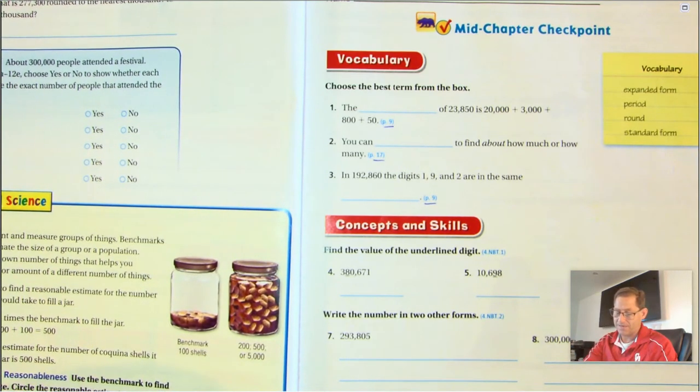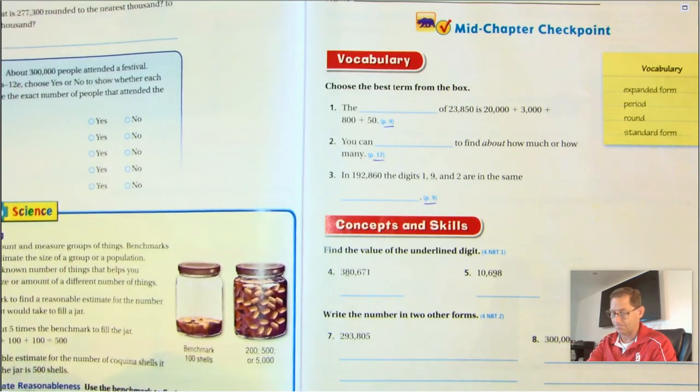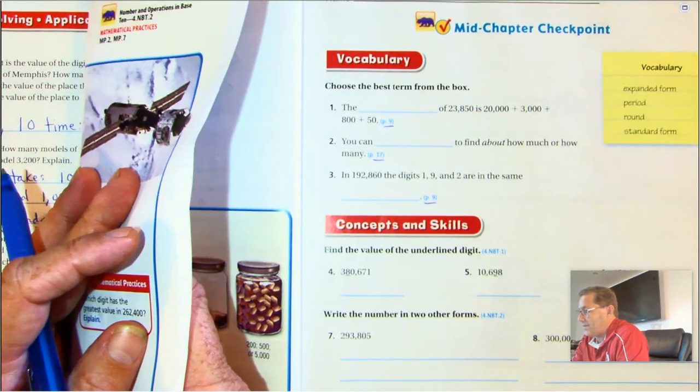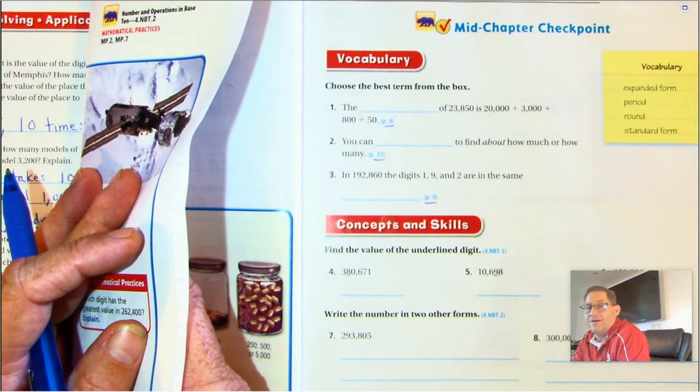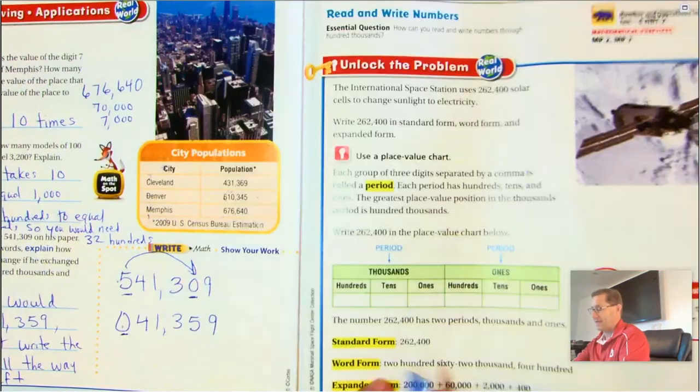So if I go back to page 9, it says the blank of 23,850 is 20,000 plus 3,000 plus 800 plus 50. So I'm looking for that concept.